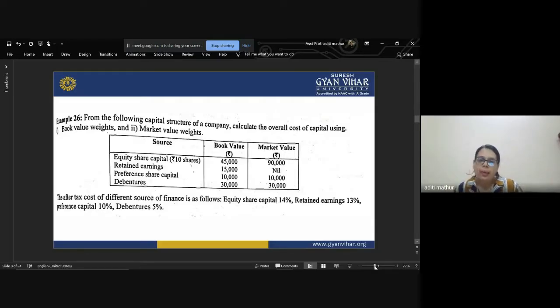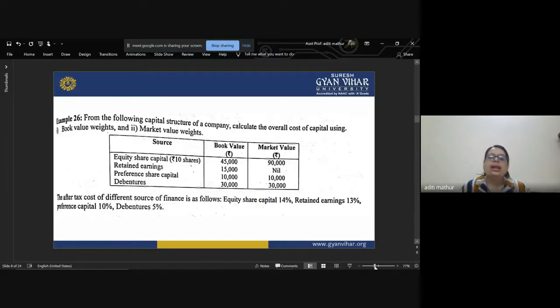One is your book values and another one is the market value. And you have to calculate the weights on the basis of both, book value and market value, and calculate cost of capital individually. So let us make it case 1 and case 2. We will be calculating cost of capital in case 1, taking into consideration the book values, and in case 2, we'll be taking care of the market values.